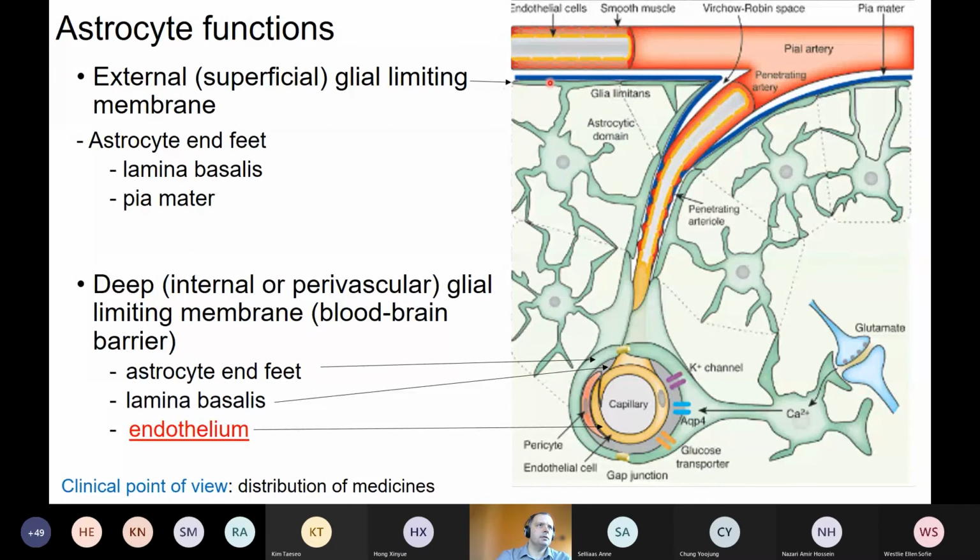Then a basal lamina is coming, and the pia mater is coming, which is blue here, and then these layers will together form the surface, the external limiting membrane, and the main layer of that is the astrocyte end feet layer.